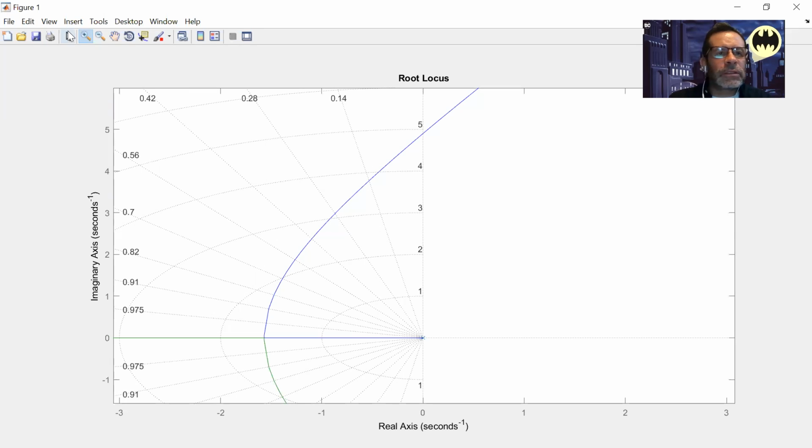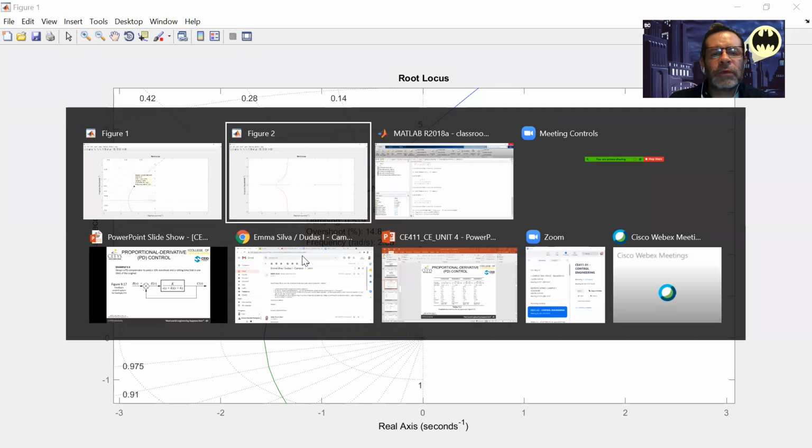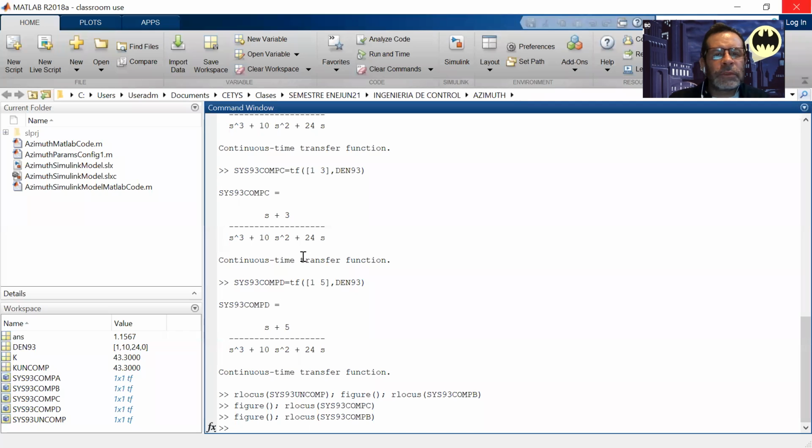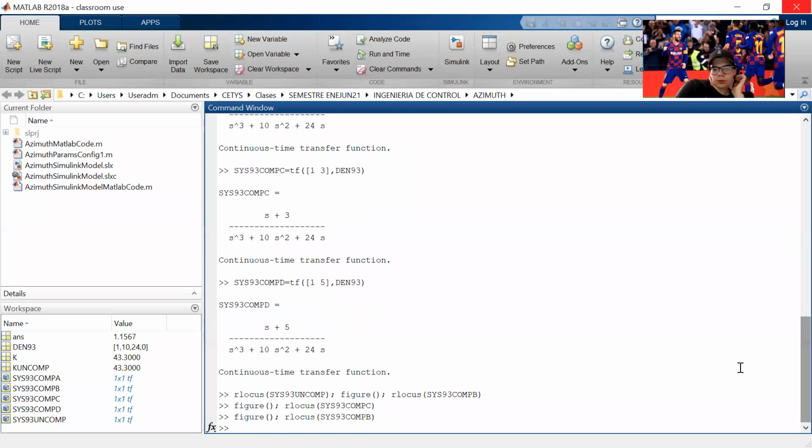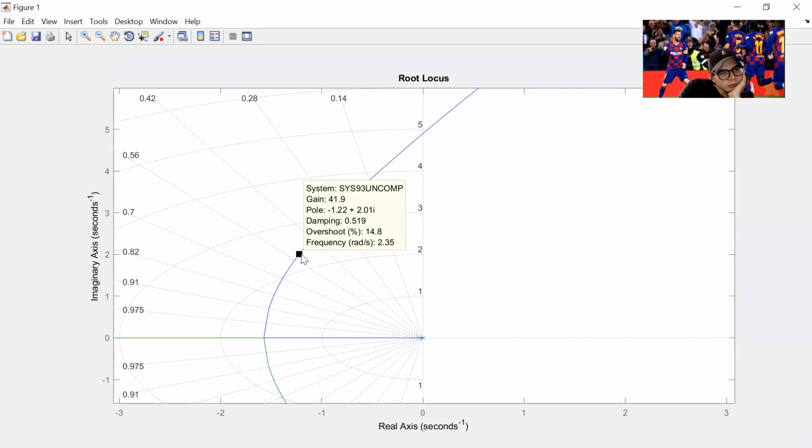Let's look for the value that we were looking for, which was around 33. Which was it? Let me check the value. What was the value of K? 43.3. Thank you, Carlos. 43.3.